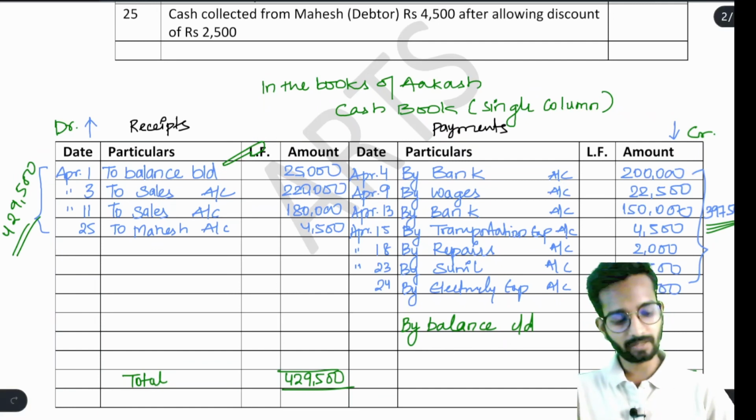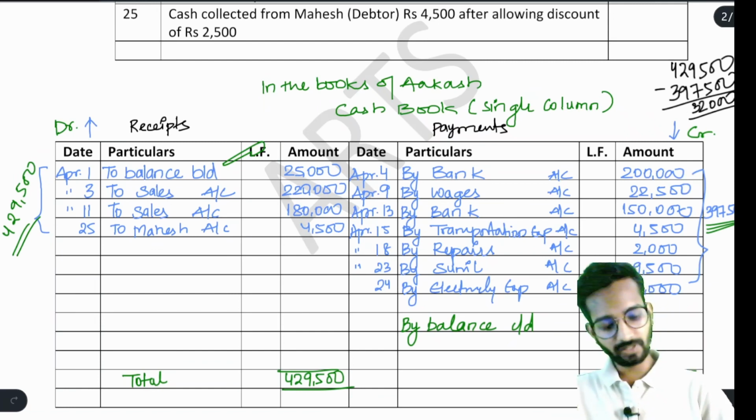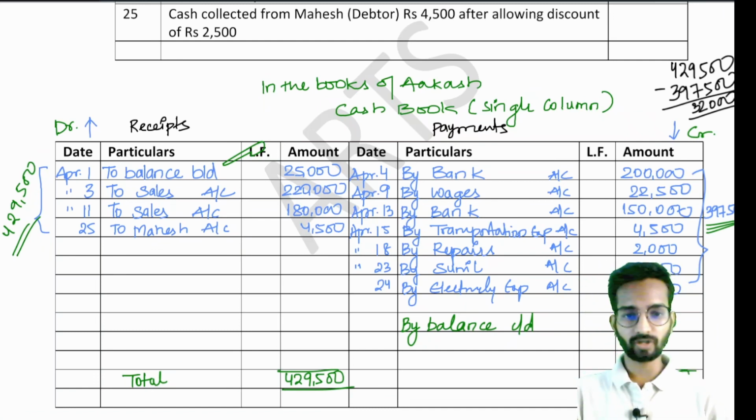Closing balance will come at 4,29,500 minus 3,97,500. It will appear to be 32,000. It means that I still have 32,000 rupees in my cash account. It means after this particular month, the cash balance the firm has is 32,000 rupees.